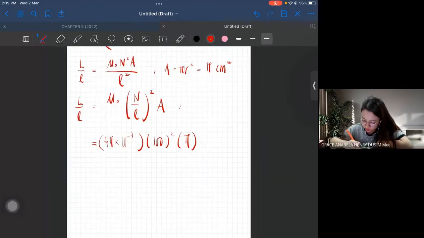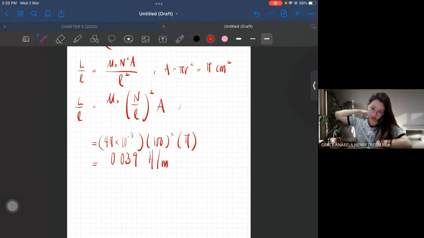You will get inductance per unit length 0.039 Henry per meter.